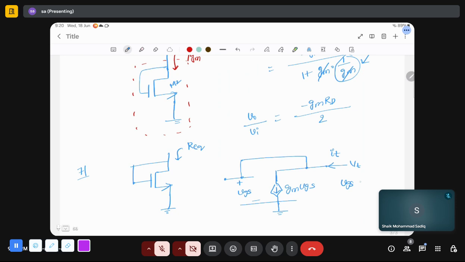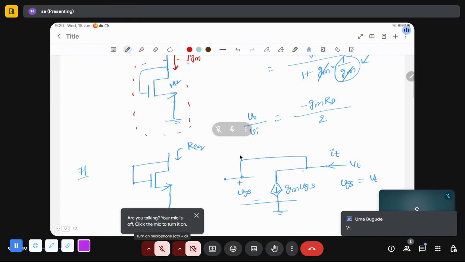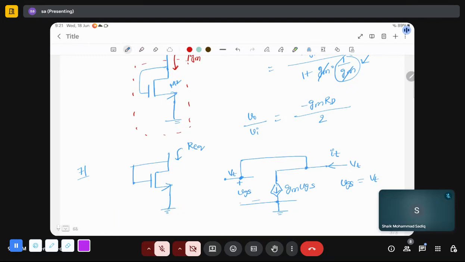Since gate and drain are connected, the gate potential is VT, and the source potential is ground, so VGS is VT.